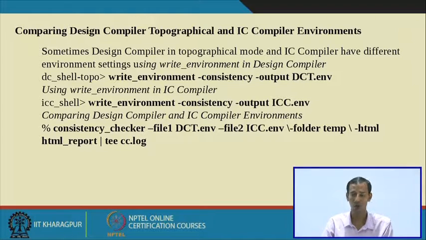Now, how can you compare these? DCT is the DC compiler topographical mode environment, and ICC is the IC compiler mode environment. Now I will check the consistency checker with file name dct.env and file name 2 icc.env. Along with that, the log file will be saved in the corresponding temp folder, and the report will also be saved in HTML format as html_report. Okay. So now design exploration can be done in this way.